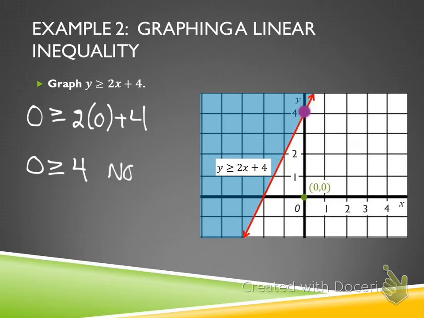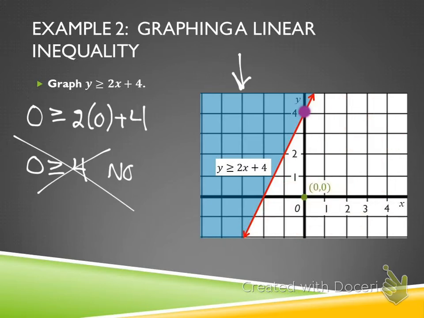No, it is not. So that's why they shaded the part of the graph that did not include 0, 0. Does that make sense? So if your test point is not a solution, you shade the other part of the line. If it is a solution, then you would shade the part that included your test point.